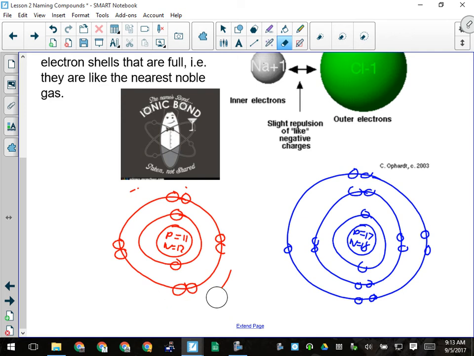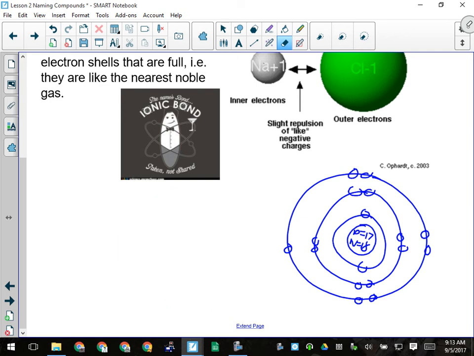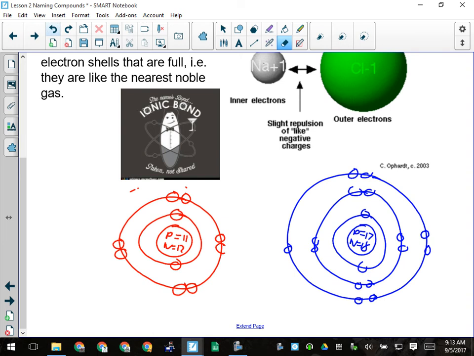Well, sort of. Now its new outer shell is full, and its electron ends up over here, and chlorine's outer shell is full. Everybody all right with that? It seems like it works out pretty well for everybody.